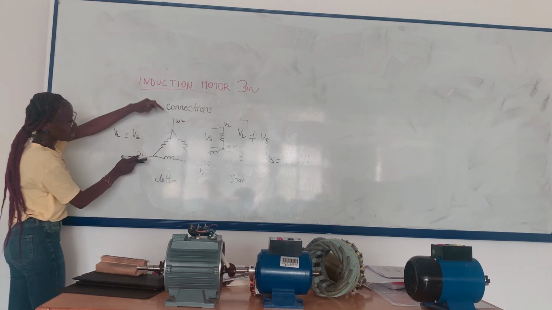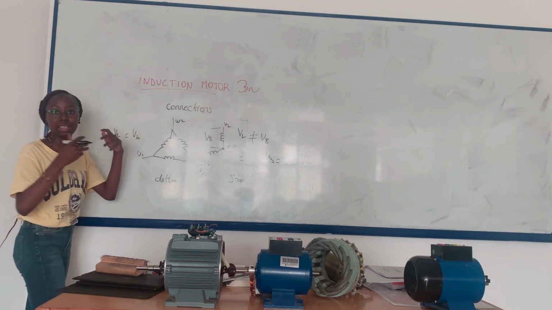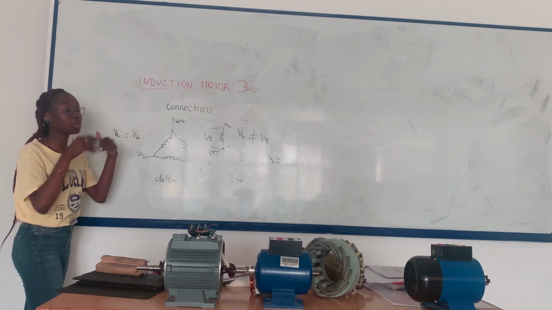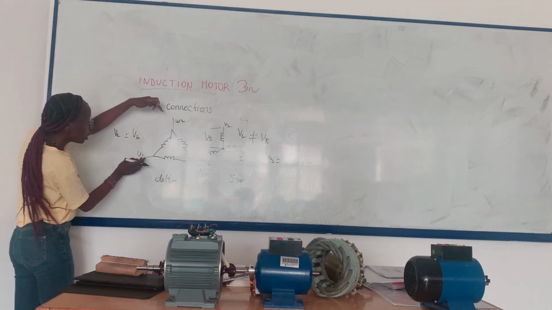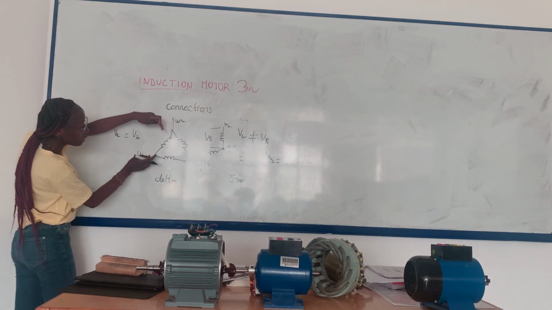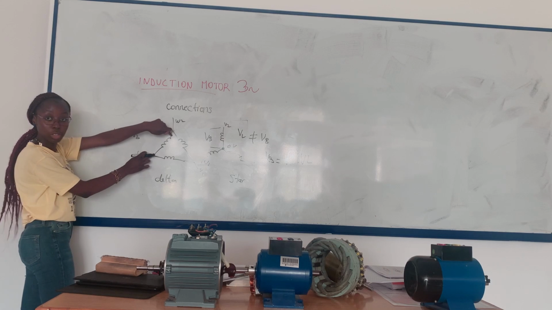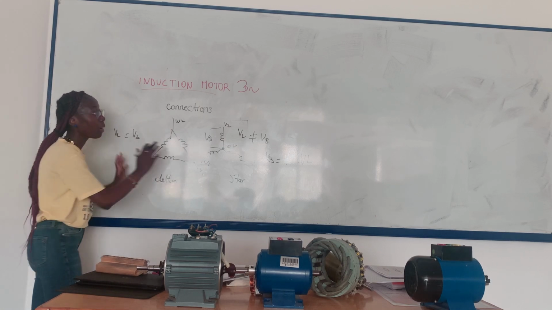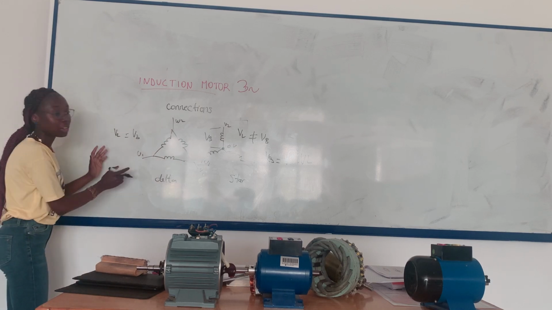The same voltages, if our power is producing a constant voltage, U1, V2 is like a line voltage, it is going to be the same as the bobine voltage for all of those. But for the current here it is different.